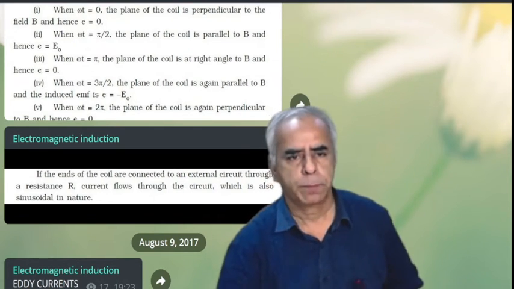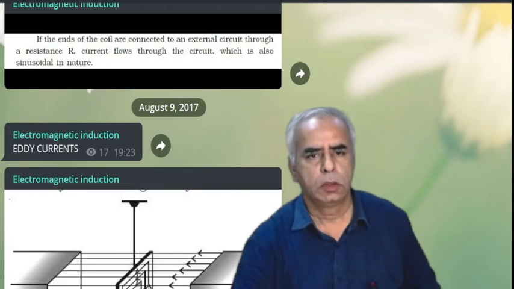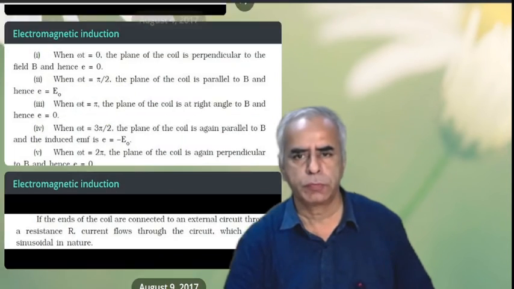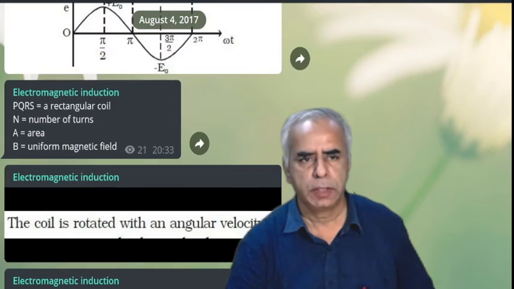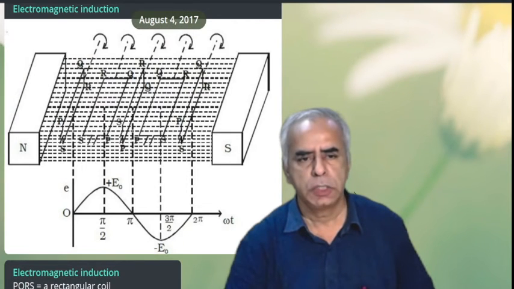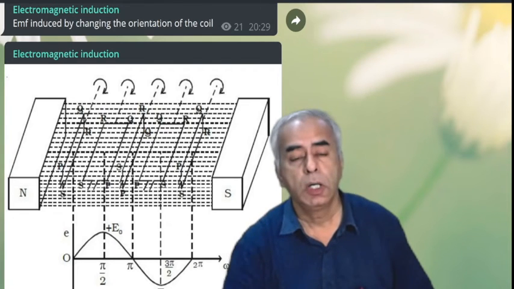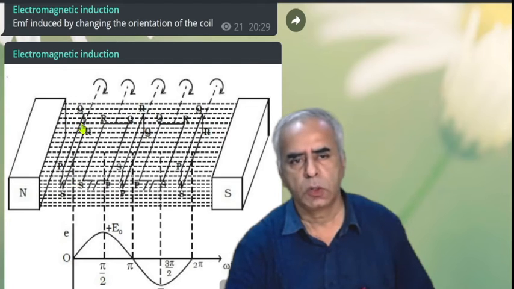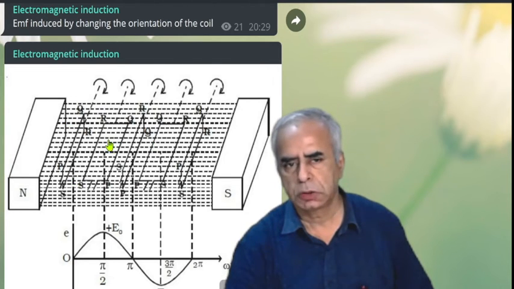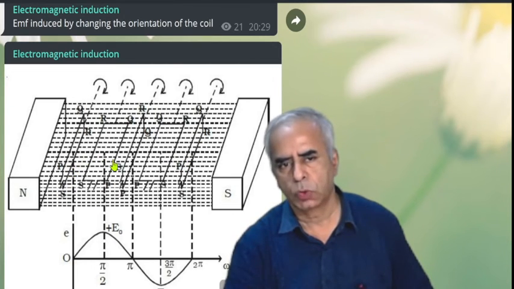Now, so far we have discussed how the induced EMF can be obtained by changing the orientation of the coil. So you have to remember this diagram. Remember that you have only one coil, but in order to indicate the different angular positions of the PQRS coil, we have drawn it as four coils.